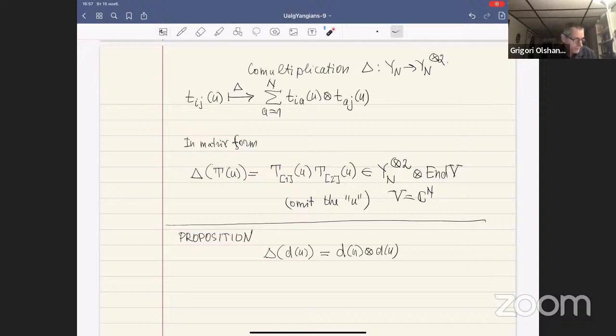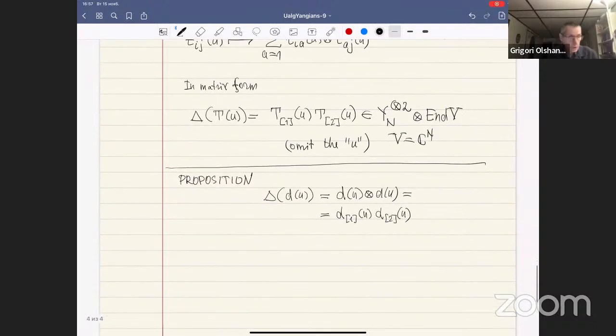So how to prove this? The idea is to rewrite this as follows, using the same type of notation, but without the tensor product symbol. Let's use this notation, and we see that it is pretty easy to show. So the proof goes as follows.